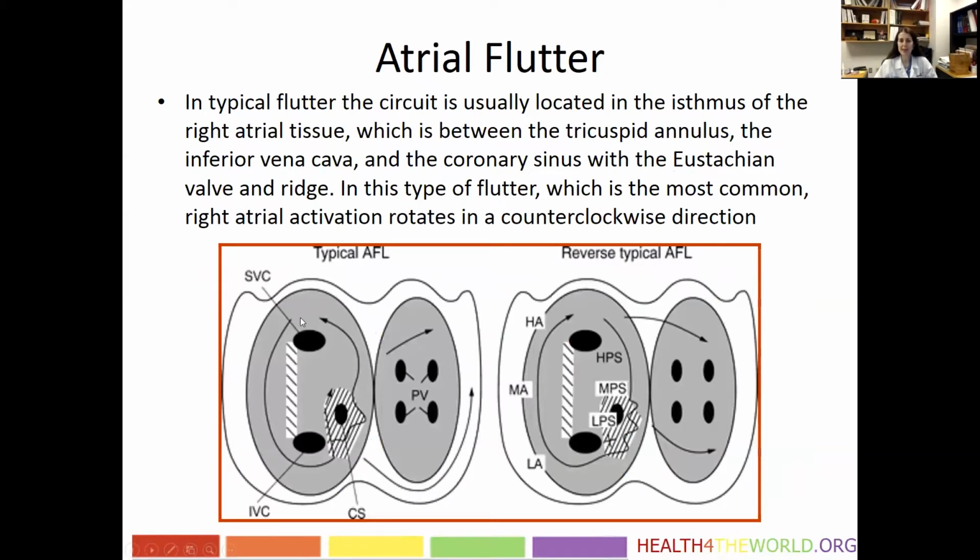So we know that the typical atrial flutter is reentry around the tricuspid annulus on the right side of the heart. The typical flutter is counterclockwise activation, as we describe it. Reverse typical is the clockwise activation of the tricuspid annulus.